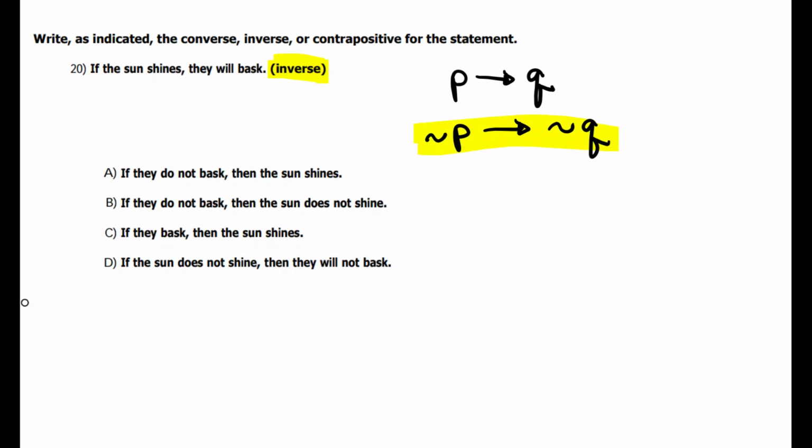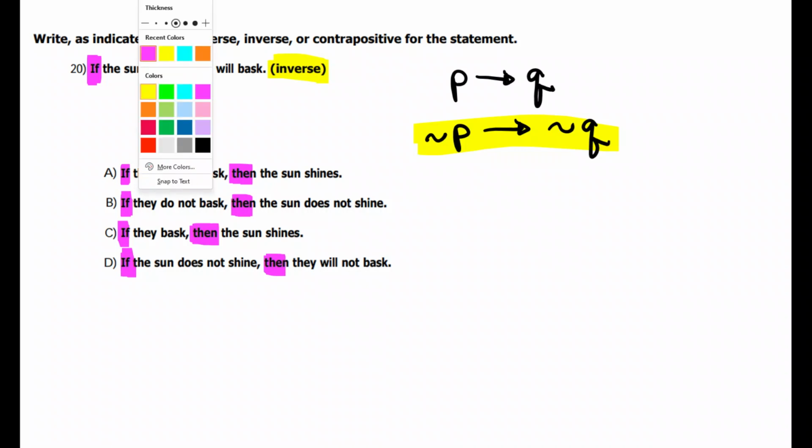So it's still going to be an if-then. You've got the if, and if the sun shines, then they will bask. So these all have if-thens. If, then, well, shoot, I can't even eliminate anybody. If, then, fine, be that way.